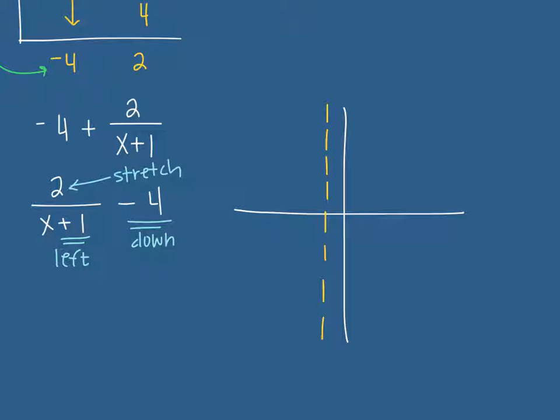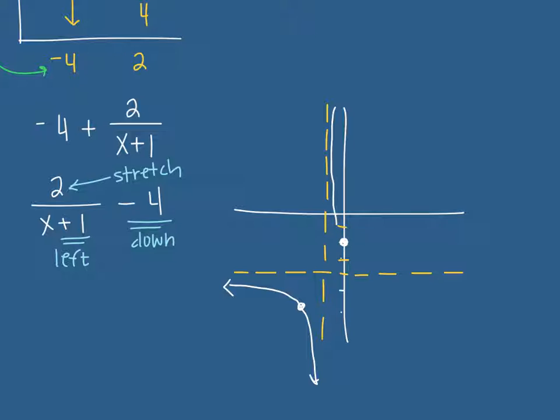I'm going to go down 4, so 1, 2, 3, 4, and I'm going to have an asymptote coming across there. And then this graph needs to be stretched by a factor of 2. And so my dot will be 2 units away from the imaginary intersection point, so about like that. And then we can draw our hyperbola for that.